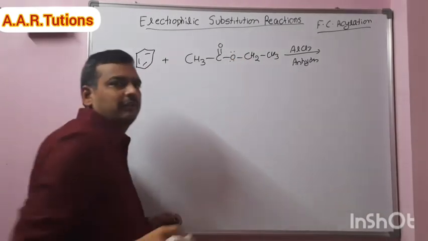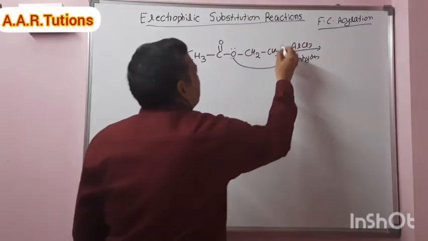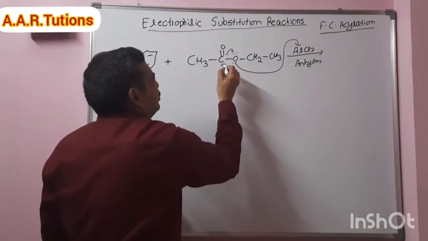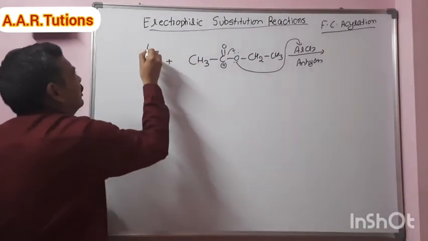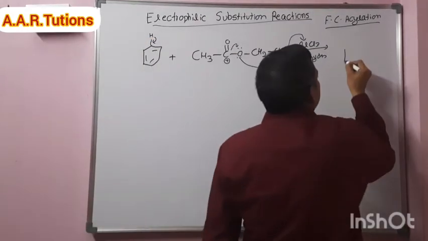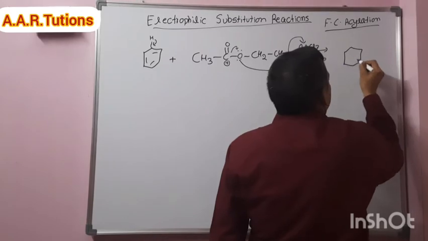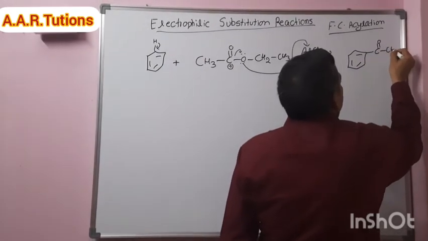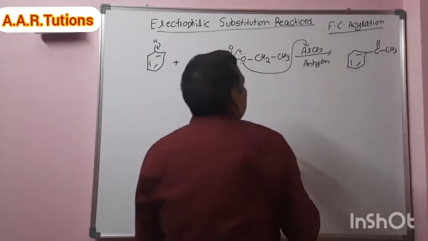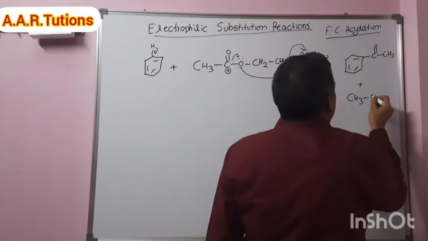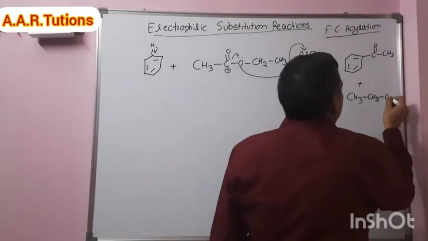So the lone pair of electrons forms a complex with AlCl3. Shift of electrons towards here, positive charge developed here, then that electrophile will substitute. Acetophenone is the product. The side product is alcohol, ethanol, CH3CH2OH.